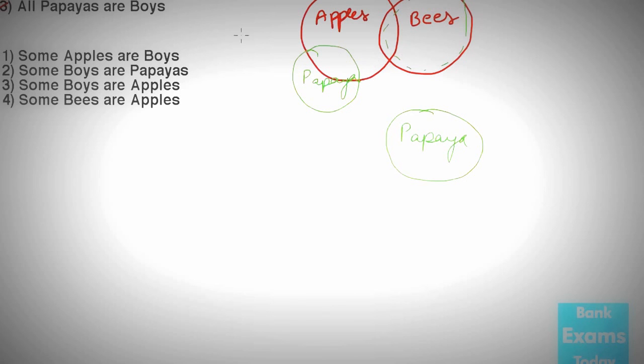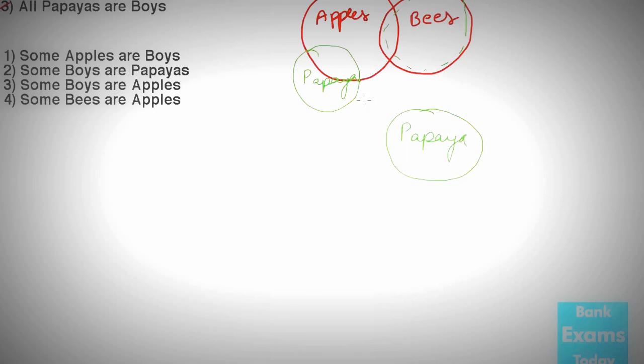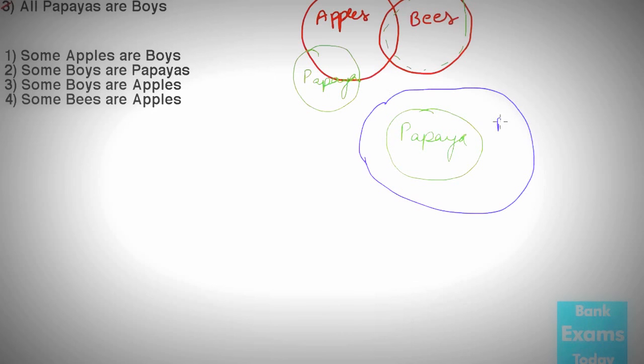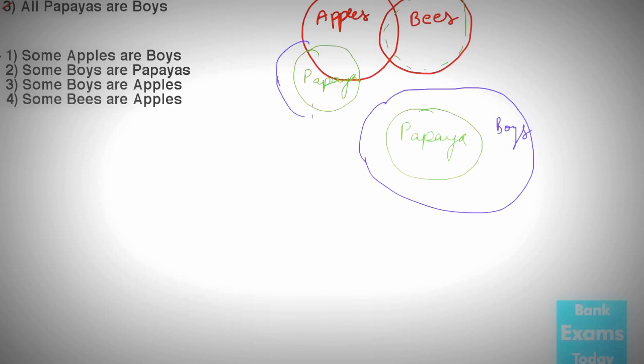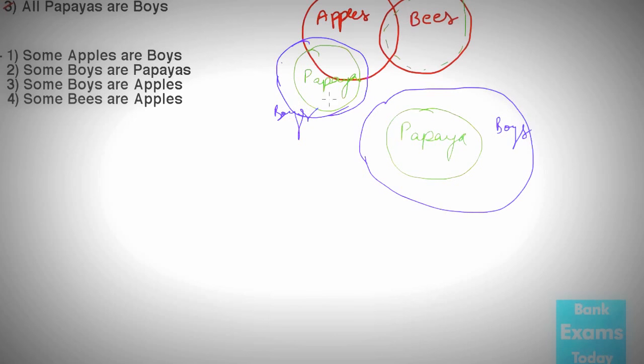And the third one is all papayas are boys. So all papayas are part of the bigger circle boys. So it can be like this. This is for boys.